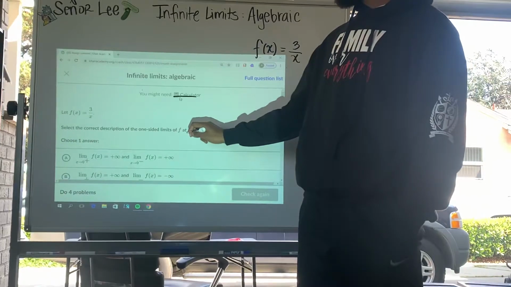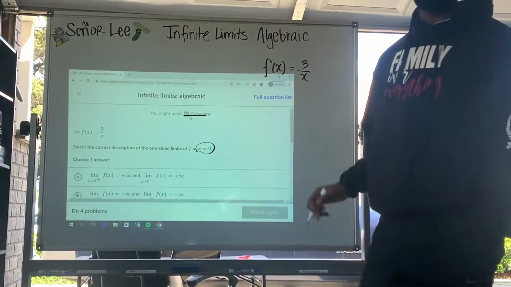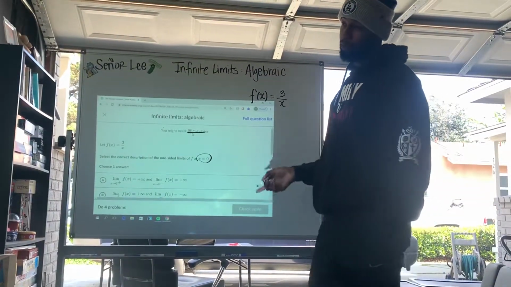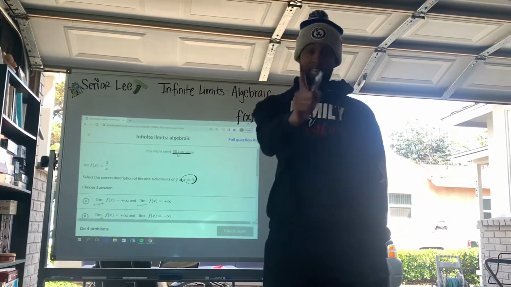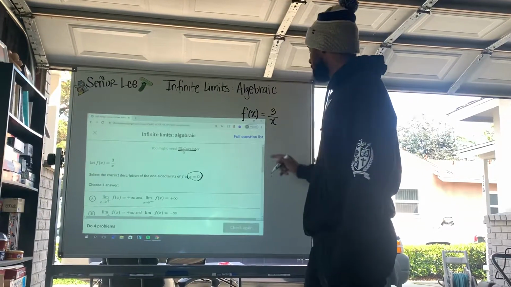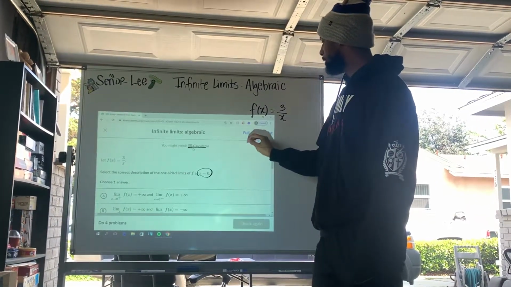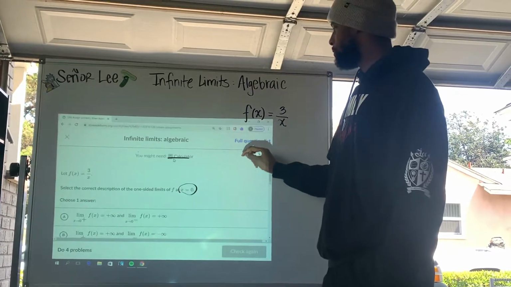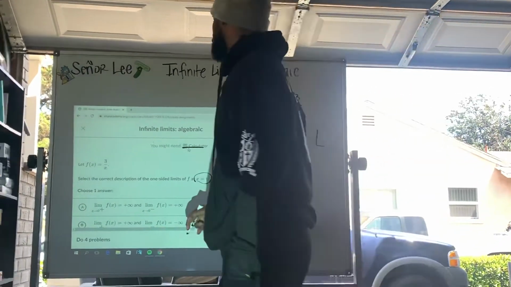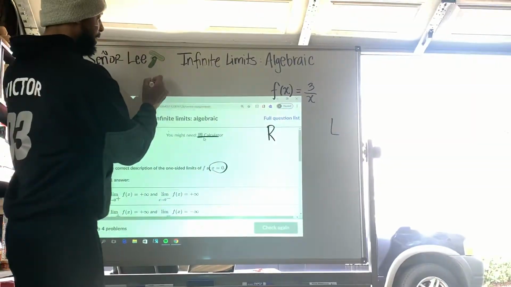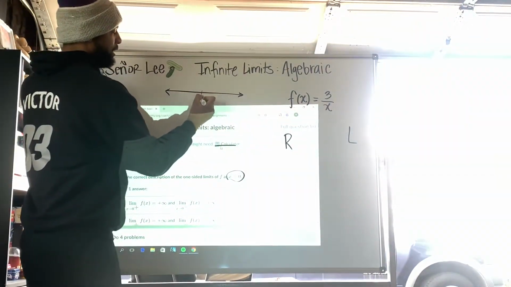So we're interested at x equals 0. When x approaches 0 from the left and when x approaches 0 from the right, what I'm gonna do is use a table. Let's do right first. Here's 0.